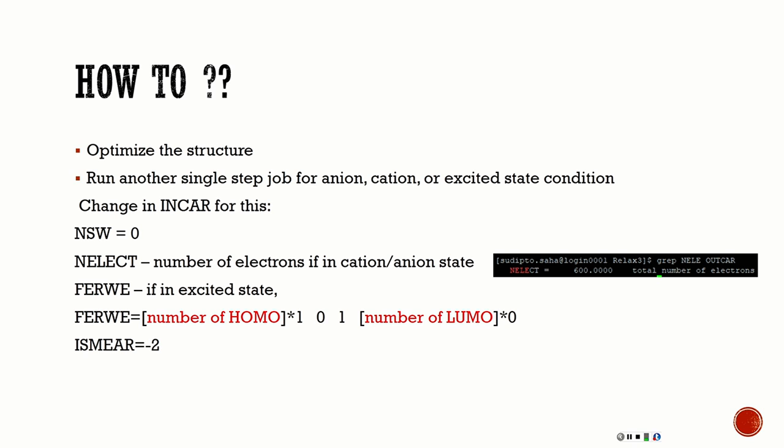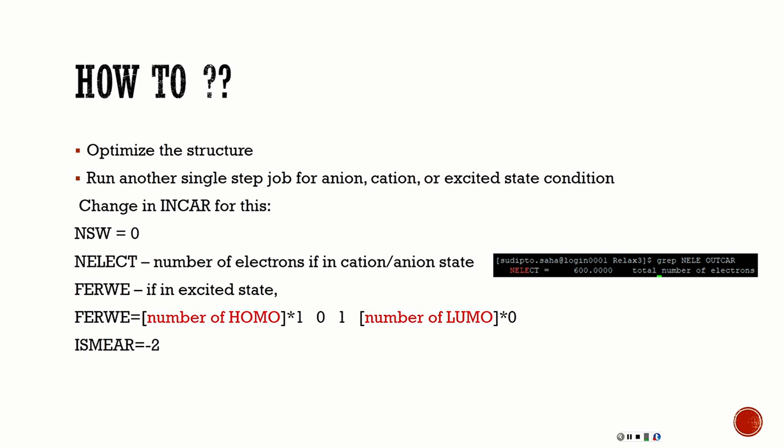The first one is the ground state condition, the second one is the anion, the third one is the cation, and the fourth one is the excited one. So what we basically need: do we need to calculate the density of state for the ground state condition, or the anion, cation, or excited condition?